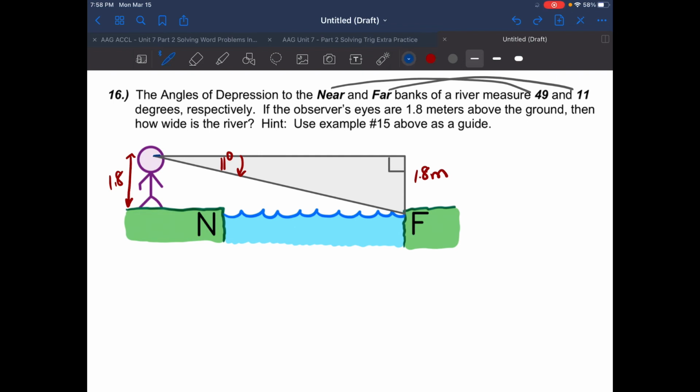The observer also sights the near bank of the river at an angle of depression of 49 degrees. I'm going to use blue here. Now he or she has to look further down. They're still 1.8 meters tall, but they have to look down now at 49 degrees. Our diagram starts to overlap and get confusing here, so I'd like to draw each triangle separately.